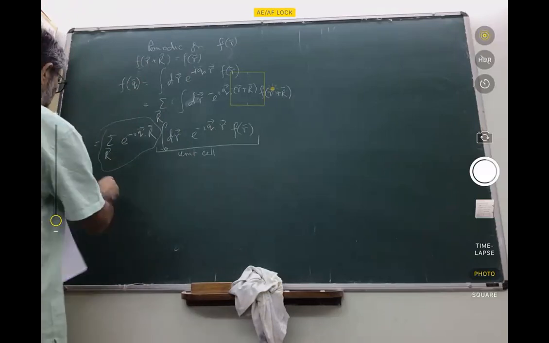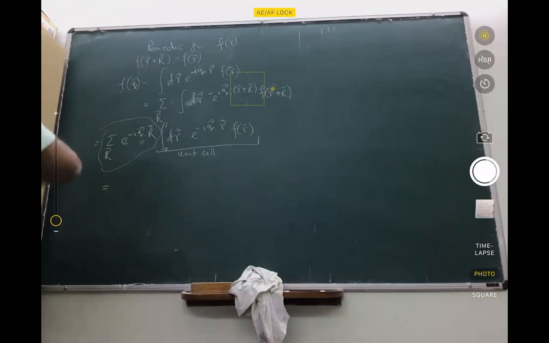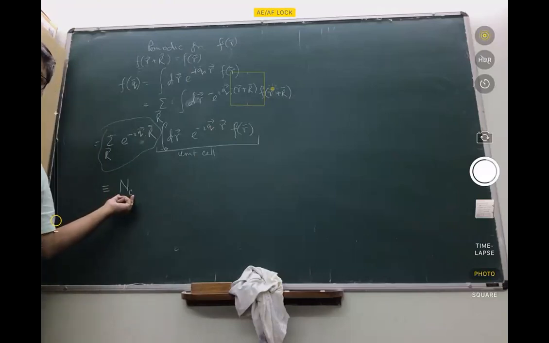So when it is G, one of the reciprocal lattice vectors, what will be the contribution? It will give me N_C, where N_C is the number of unit cells in my physical crystal, which is considered to be large, but that is not a major consideration here.